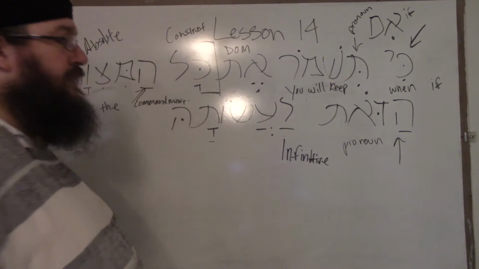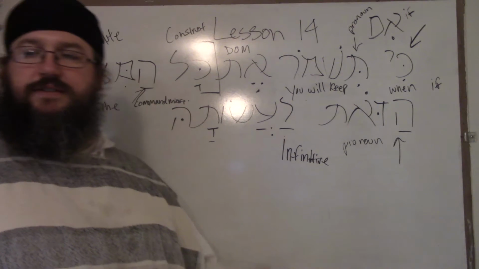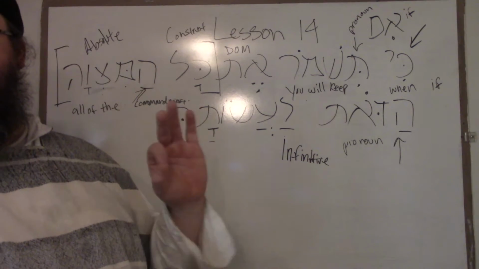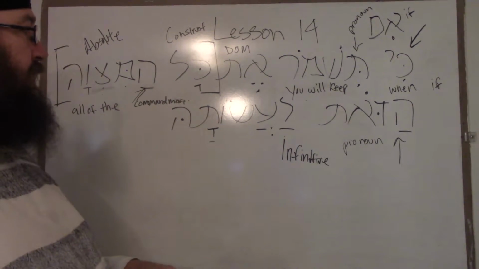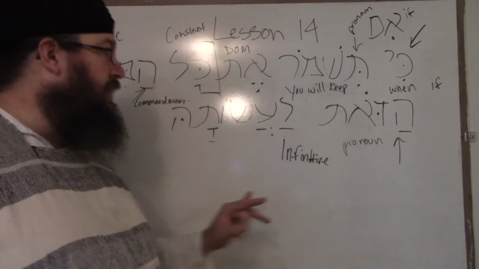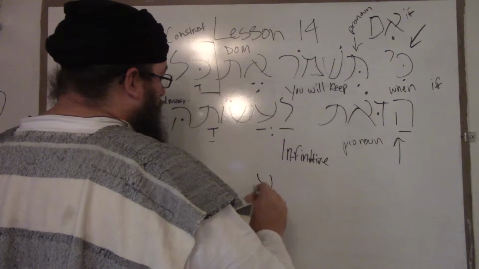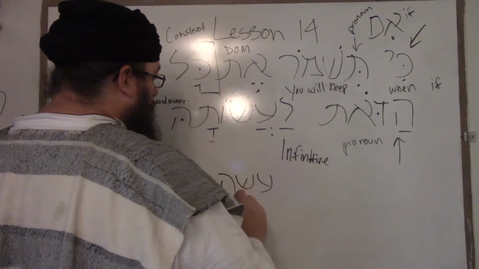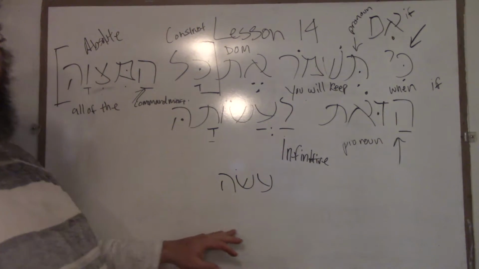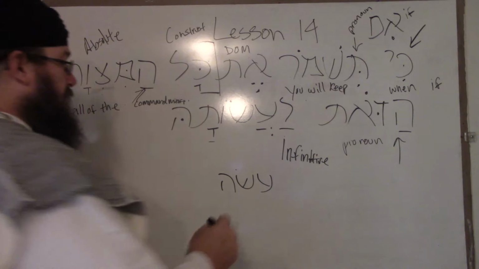What is an infinitive? An infinitive is a verb that is an ongoing action verb. Okay? And this infinitive is coming from the root Ayin Samekh He, the word asa.